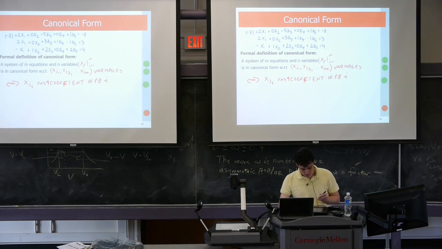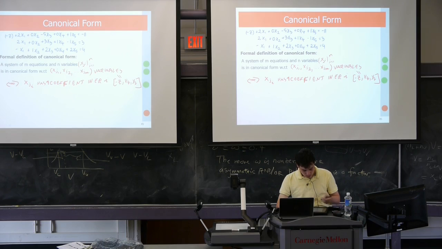So let me give you a concrete example, then it's easier to see. So in this concrete example, this system here is in canonical form with respect to minus z, x4, and x2.